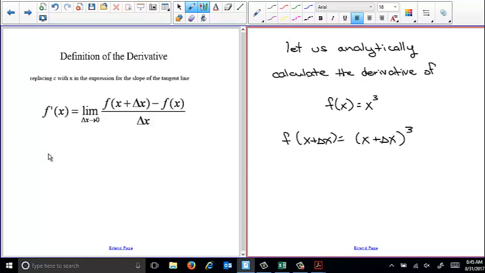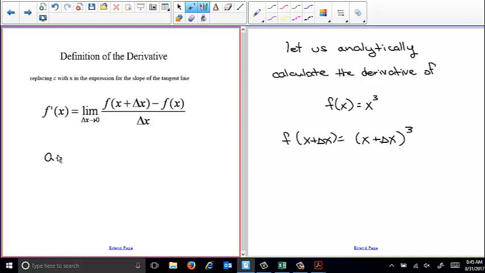Here's a little question for you, which might be an Algebra 2 question. If you have a binomial like this, a plus b times a plus b times a plus b, does anybody know what the answer is?